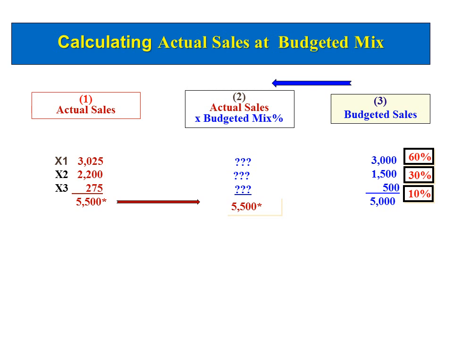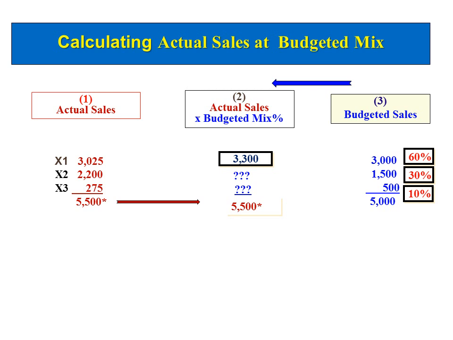Okay. Here I have the total of actual sales, and I have the percentage, so it's very simple to recalculate the actual sales using my percentage. My actual sales 5,500. What about x1? 5,500 times 60%. So if I recalculate x1 using the budget percentage, 3,300. 3,300 is what?